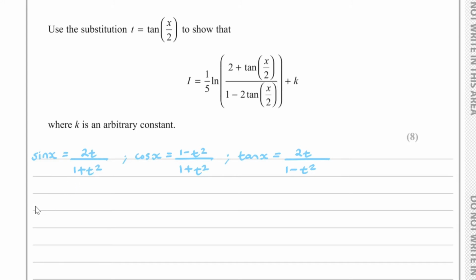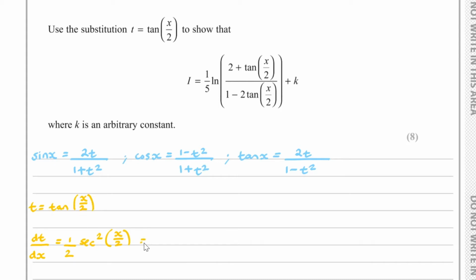So far we know that t is equal to tan of x upon 2, and if we differentiate t with respect to x, dt over dx is equal to 1/2 times sec squared of x upon 2. Differentiating tan, we get sec squared, and then we multiply by the differential of the bracket, which is 1/2.